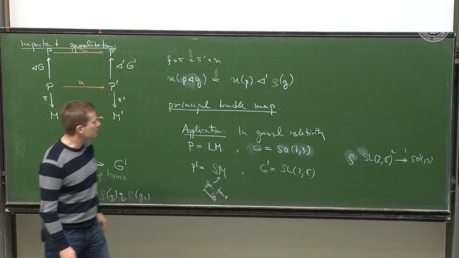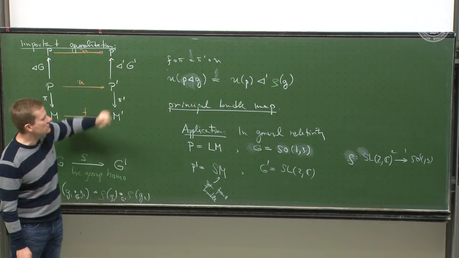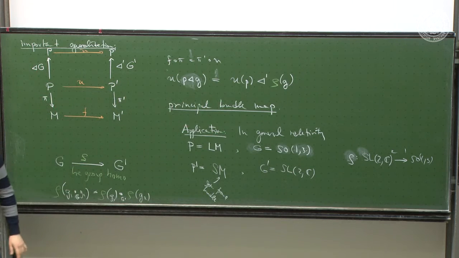And this principal bundle map physically tells you once you do this here, then you got to do the other thing over there. And what the other thing is determined by this structure. But again, the action on spinors and tensors we can only discuss once we have the associated bundles.